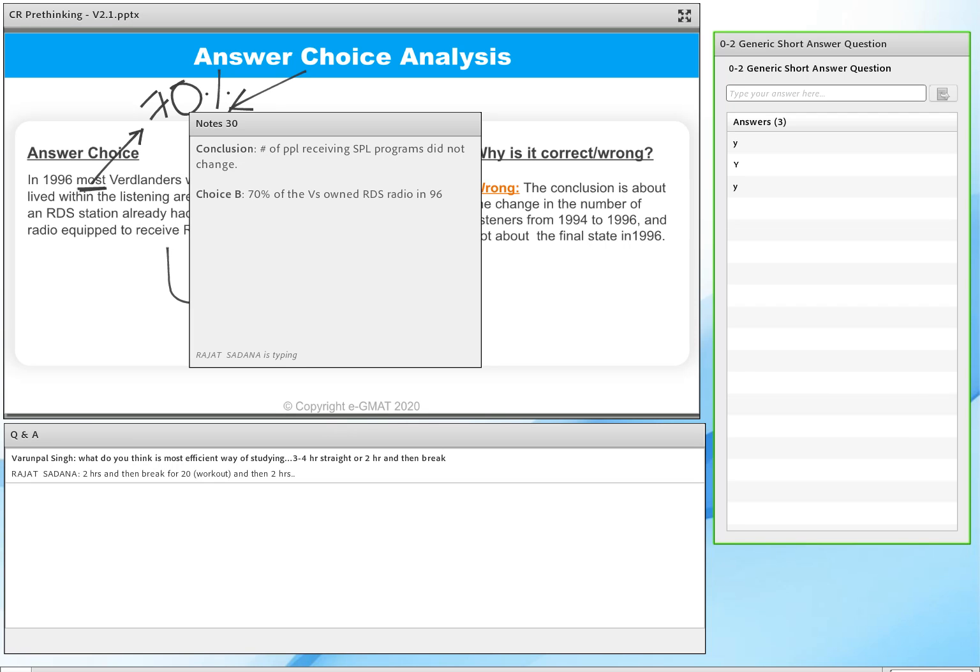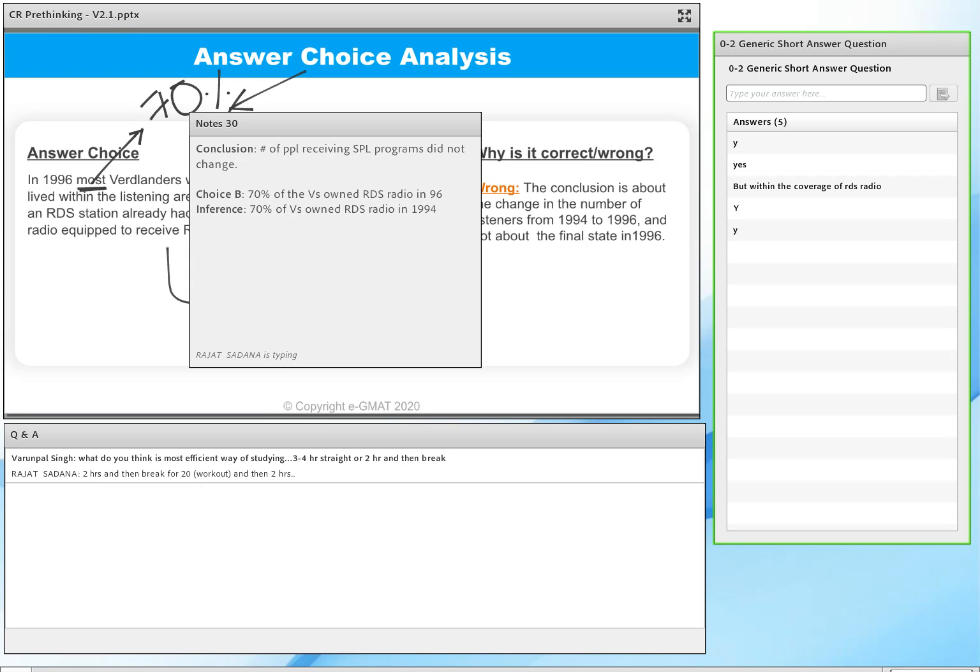Now, an inference given the information in the argument is that 70% of Vs. There's no coverage here. Remember this. In choice B, there's no coverage here.